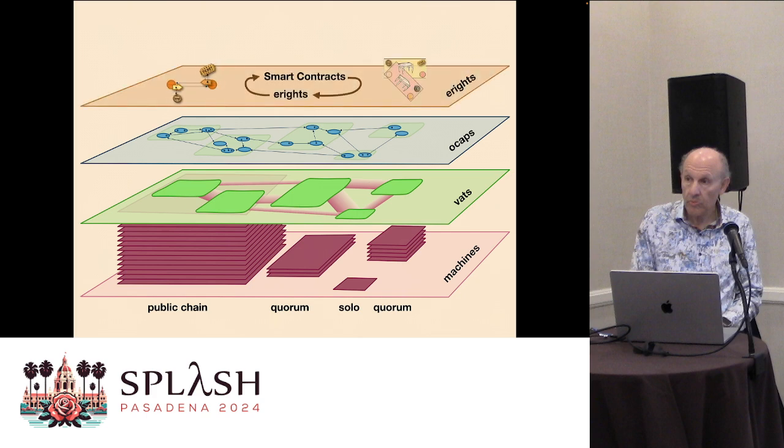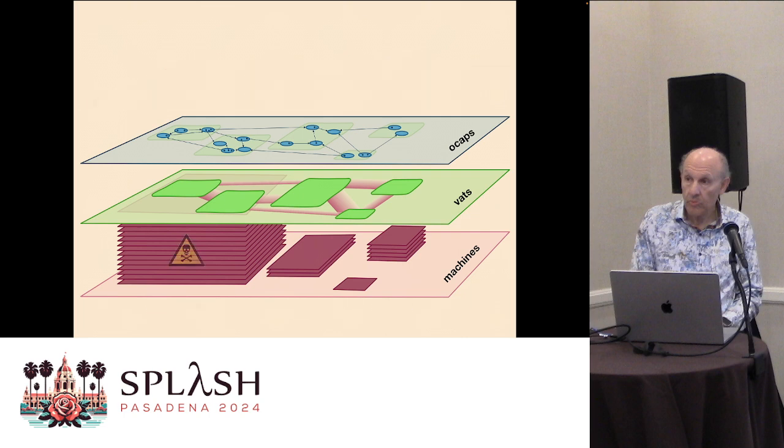On top of that, we build our system of e-rights and smart contracting. And that's where we're actually going to spend most of the talk. But before we get there, the important property with regard to the distributed systems constraints is exactly this mutual suspicion. We've got mutual suspicion among the machines, and we have mutual suspicion among the objects.